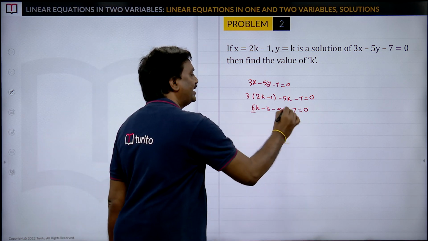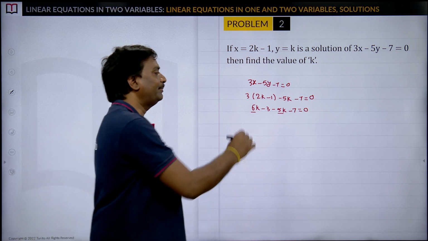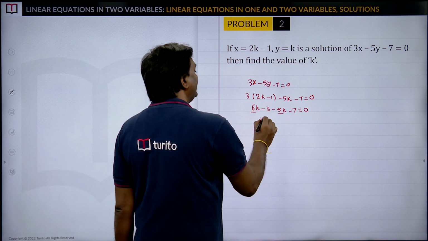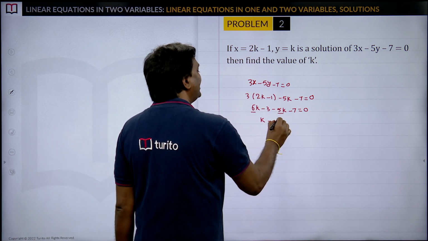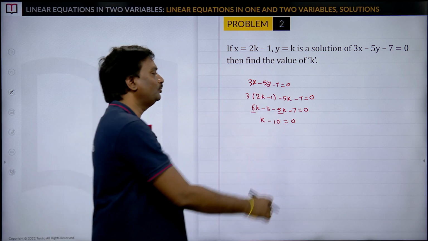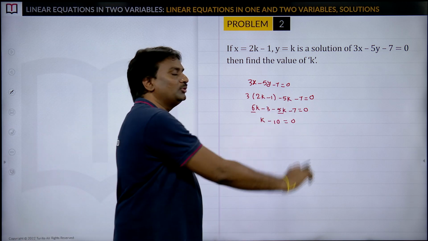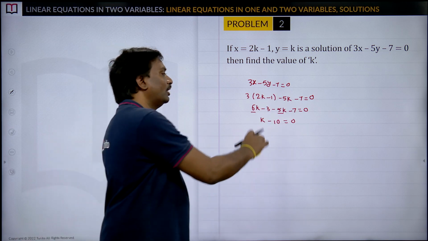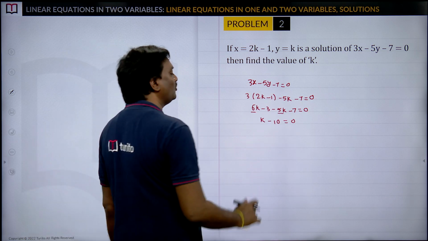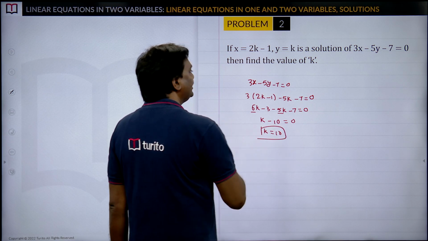Writing k terms at one place and constant terms at one place, we have 6k minus 5k is k, minus 3 minus 7 is minus 10, equal to 0, where 3 is negative and 7 is also negative. Since these two numbers are negative, by adding them we got minus 10. So, k minus 10 equal to 0. By taking 10 to that side, you will get k equal to 10.